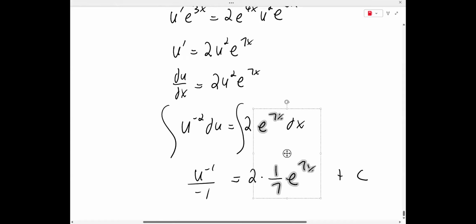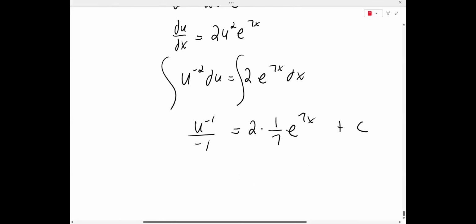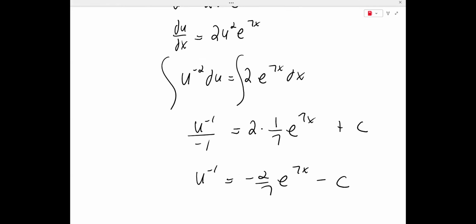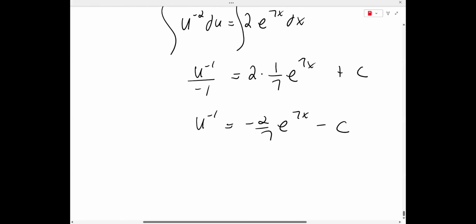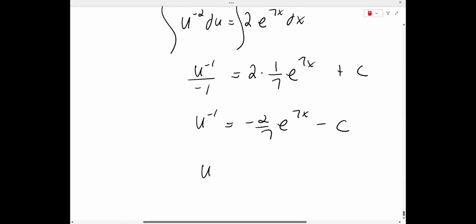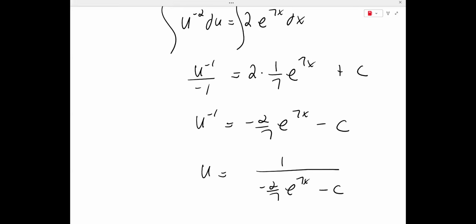So, okay. And now finally here, we'll solve for the u. So multiply through by -1. So that's -2/7 e to the 7x minus c now here. And then do the reciprocal thing again. So u is equal to 1 over -2/7 e to the 7x minus c.